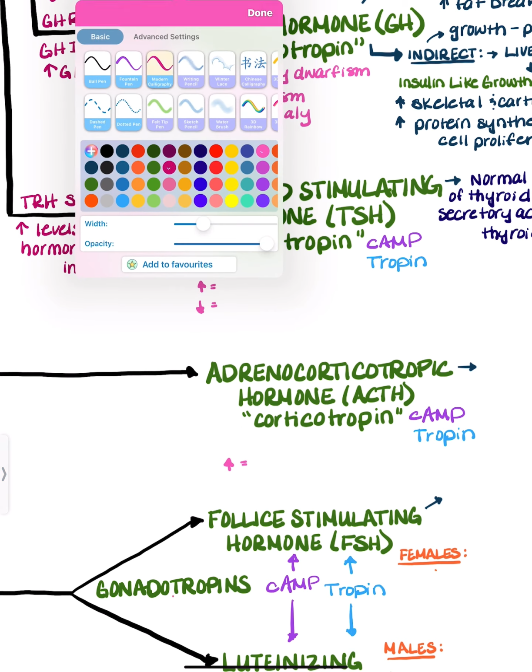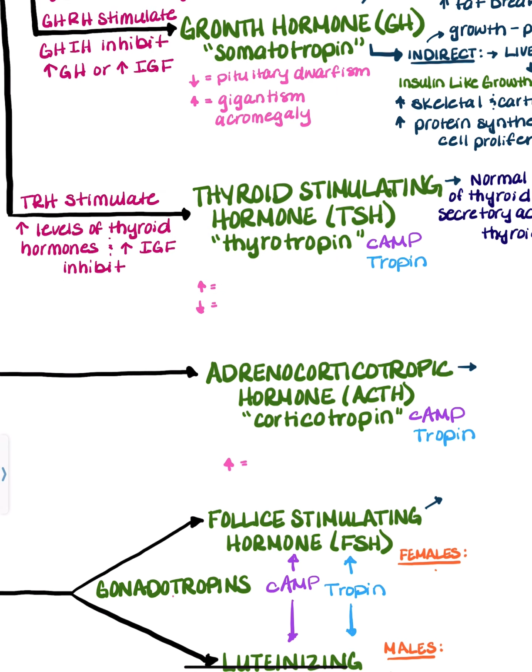So now let's talk about hyper and hyposecretion of this hormone. If we have hypersecretion of the thyroid stimulating hormone, we get symptoms similar to something called Graves' disease. If we have hyposecretion of the thyroid stimulating hormone, we could possibly get myxedema.